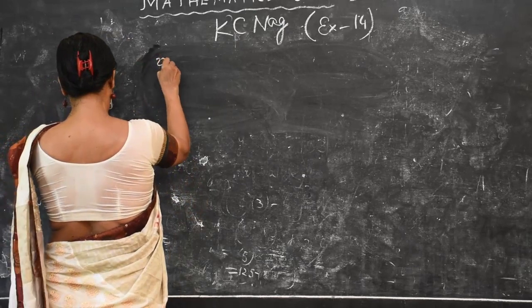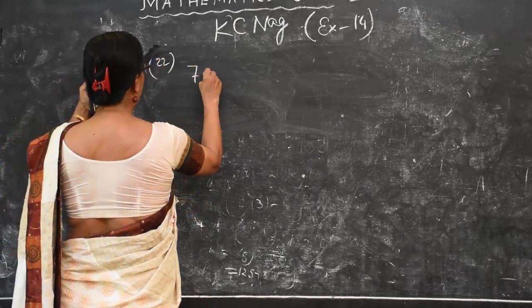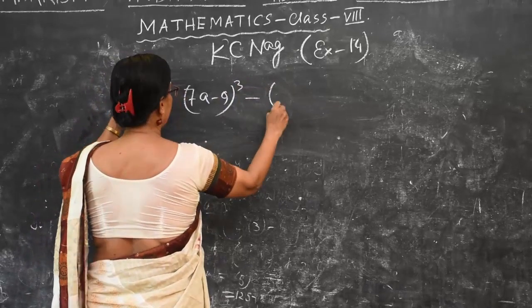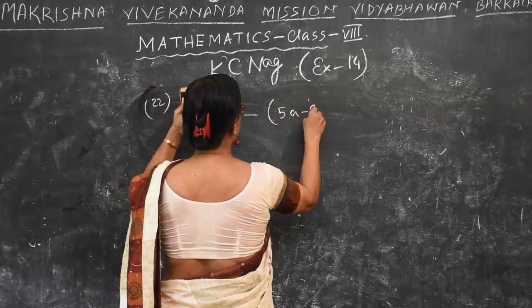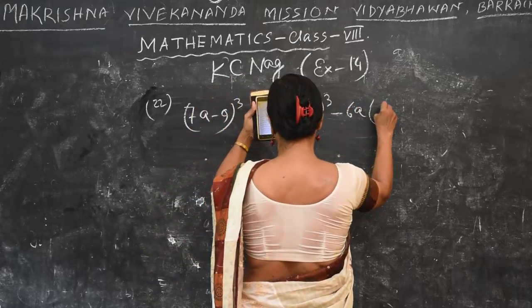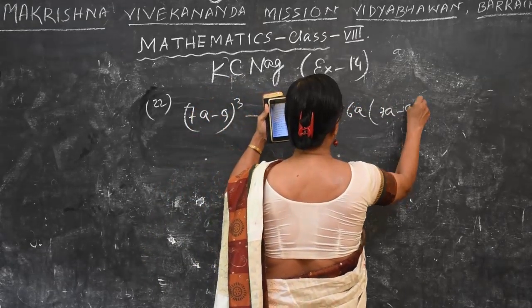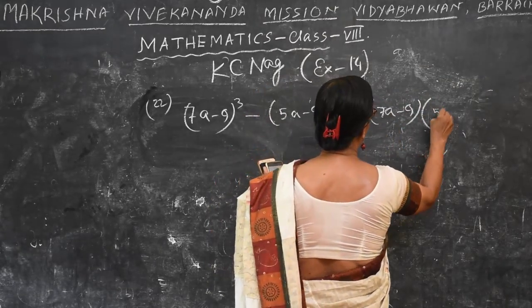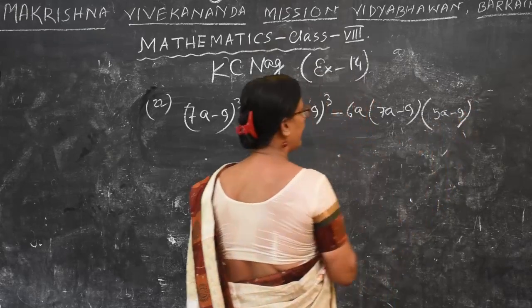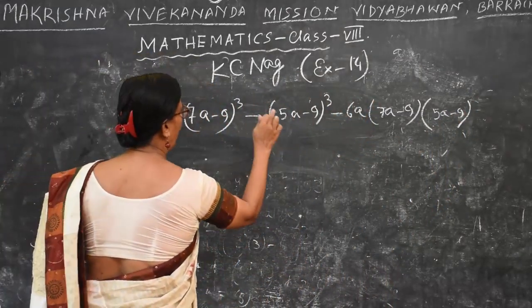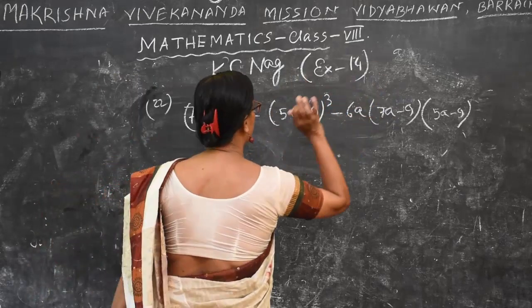It is the 22: (7a minus 9) whole cube minus (5a minus 9) whole cube minus 6a into (7a minus 9) into (5a minus 9). Say it also gives the fourth term, three terms. A cube minus b cube is something, this into this.